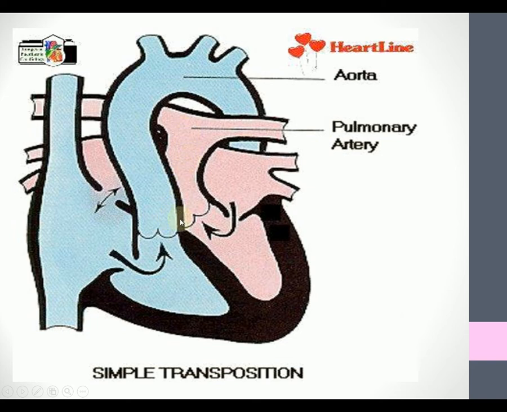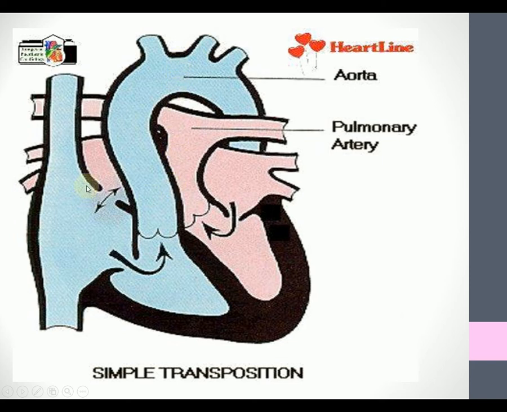The left side of the heart pumps blood into the aorta to carry oxygen to the rest of the body system. So in this system, we are continually pumping deoxygenated blood in a circle constantly to the systemic system.